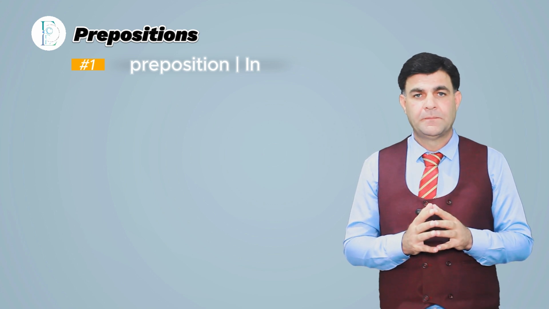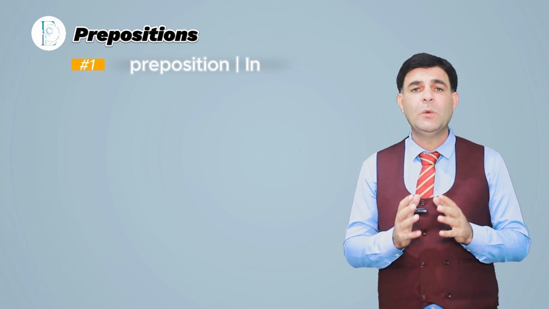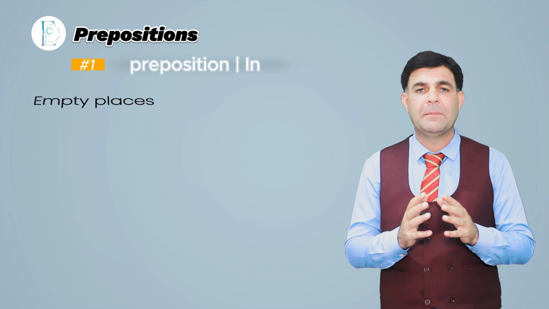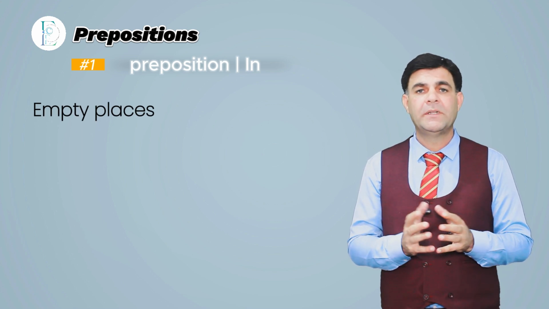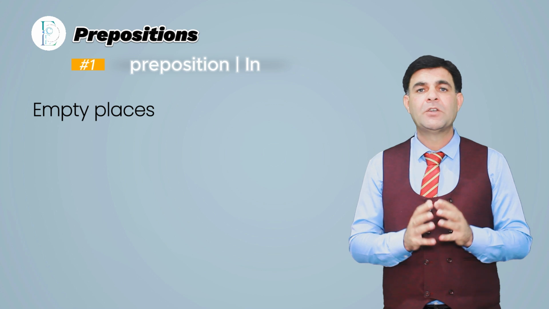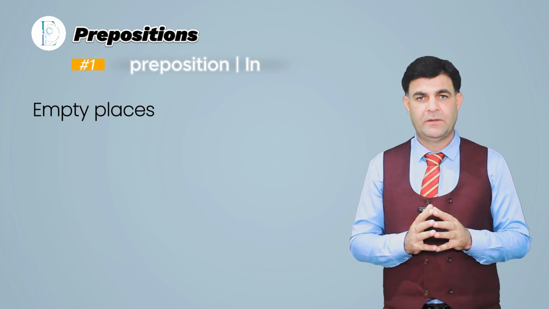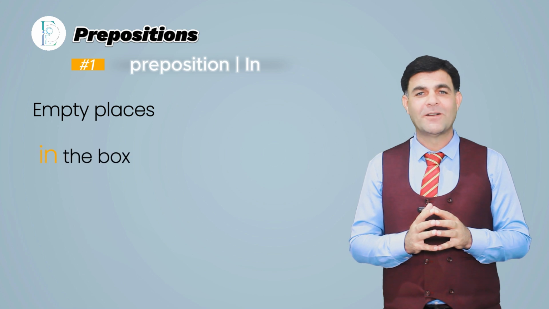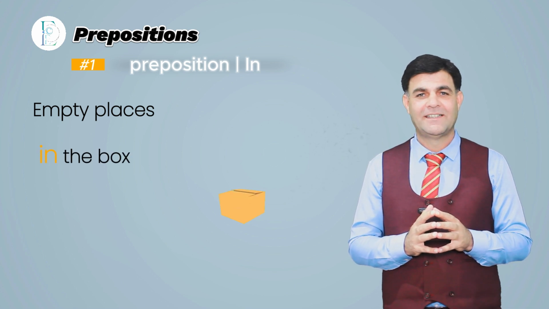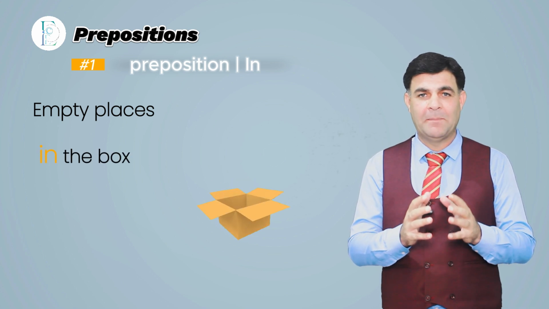Step 1. We use in for empty places, empty areas, where there is a room, there is a space to put something. For example, in the box. The box is empty.